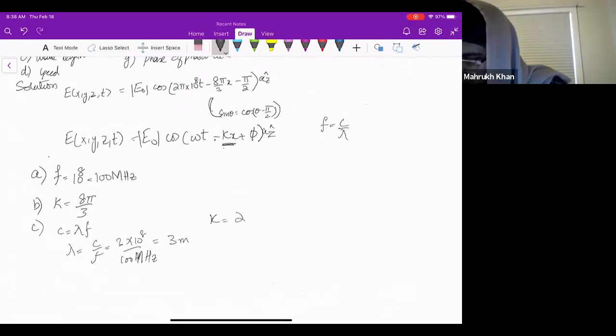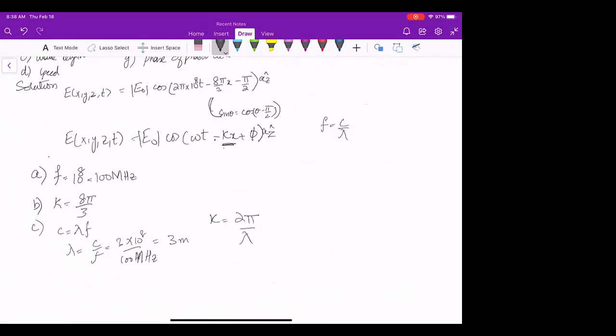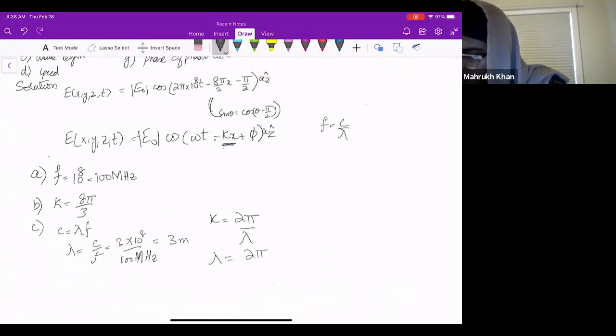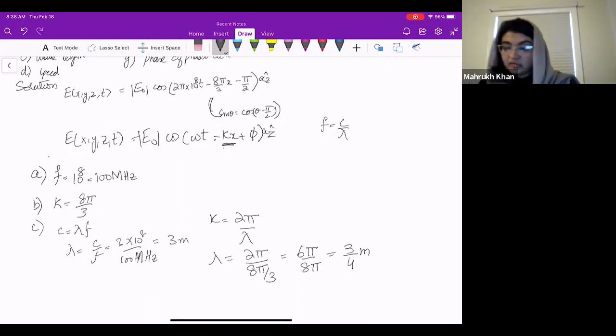K is equal to 2 pi by lambda, okay? If you calculate lambda from here, it will be 6 pi by 8 pi, and it will become 3 by 4 meters, which is different than the lambda that you have calculated here.